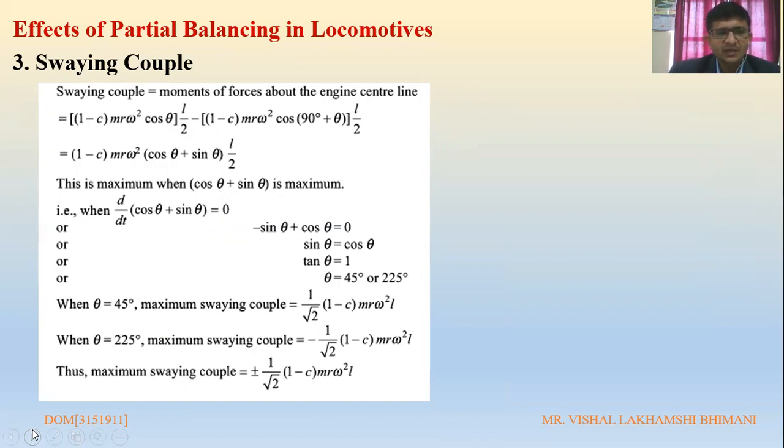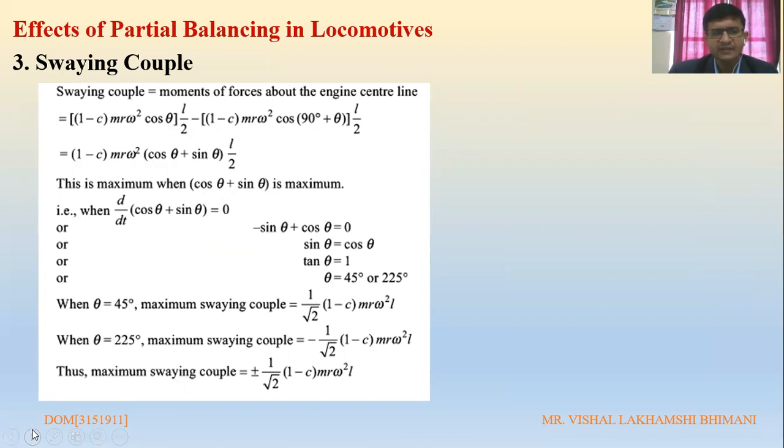This is maximum when cos theta + sin theta is maximum. So when d by d theta of (cos theta + sin theta) is equal to 0, minus sin theta plus cos theta is equal to 0. So sin theta is equal to cos theta, tan theta is equal to 1. So theta is equal to 45 degrees or 225 degrees.